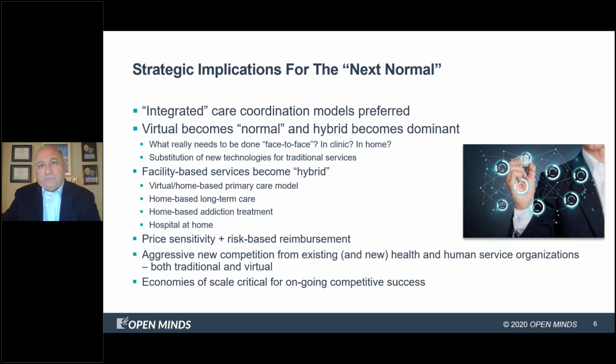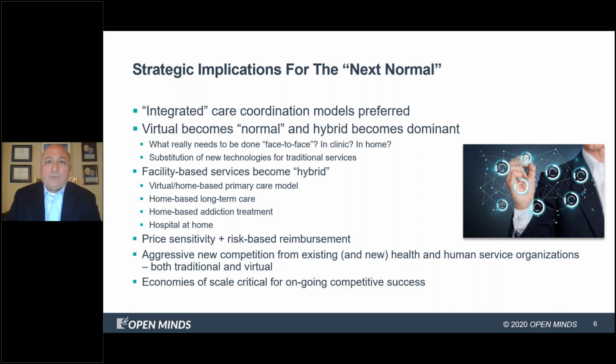Again, as things shift from that facility-based type service delivery models. Price sensitivity and risk-based reimbursement, certainly that the desire for payers to be able to work with providers in more shared risk type models is becoming more and more important, and we'll address some of that a little later on.